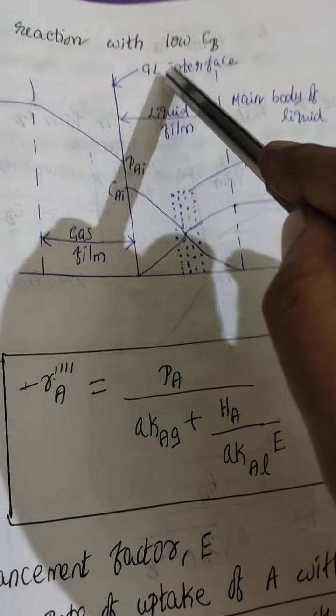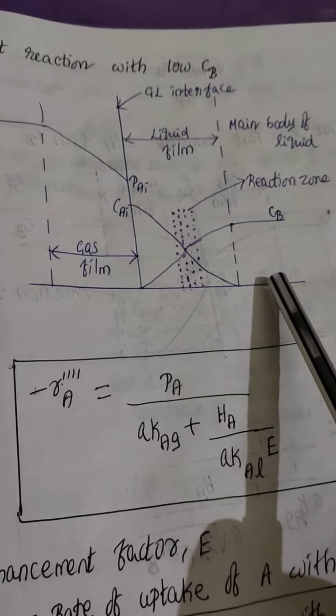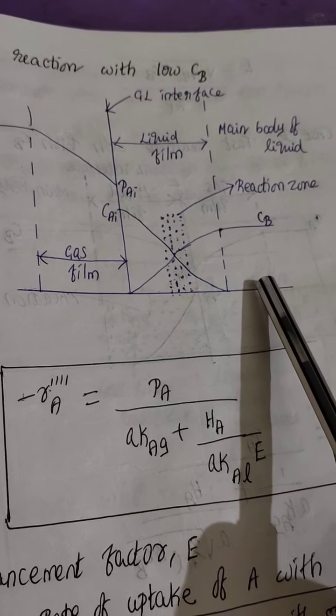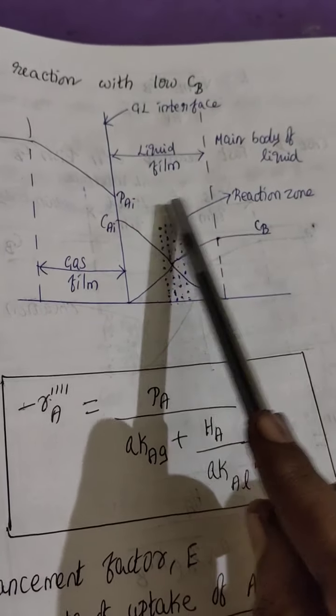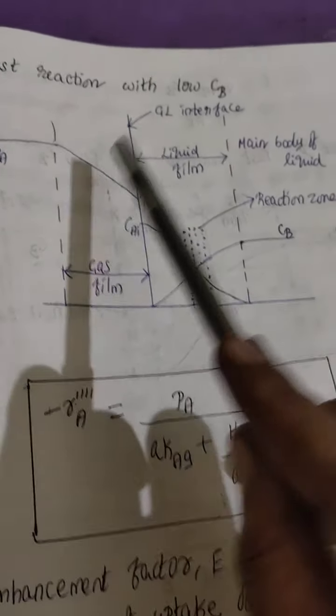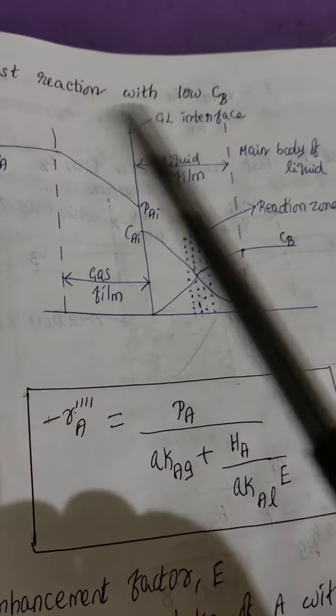So here you can find that it is low Cb. Pa is higher and Cb is lower. As usual we are seeing the gas film, liquid film, main body of the liquid, and this is going to be the boundary of the gas liquid interface.